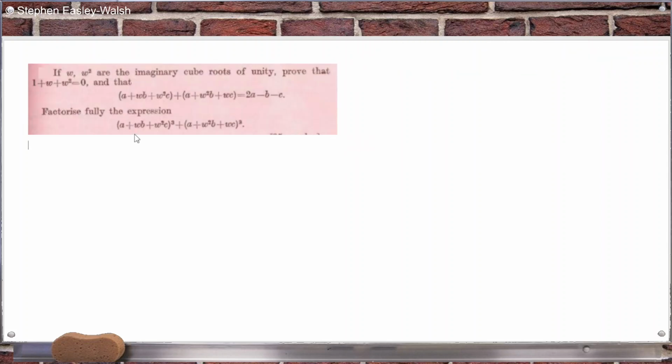So thinking of this as x, you have a plus omega b plus omega squared c squared.